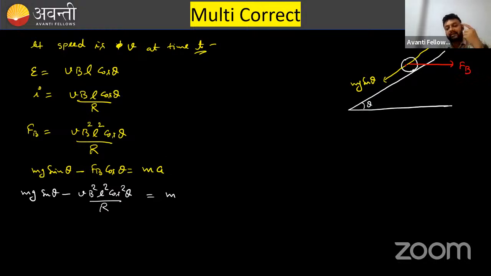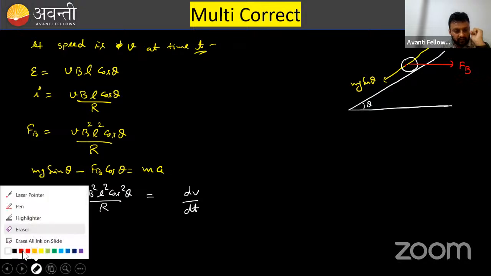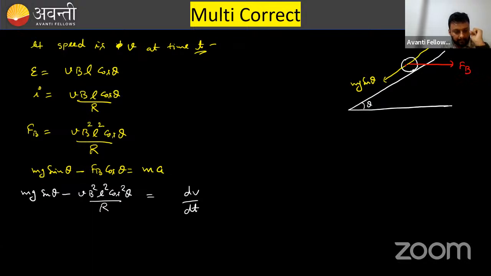Now we want speed at some time t, so we can write acceleration as dv over dt. If I remove this m from here, this m will be cancelled and this will become mR. Is what I wrote correct?